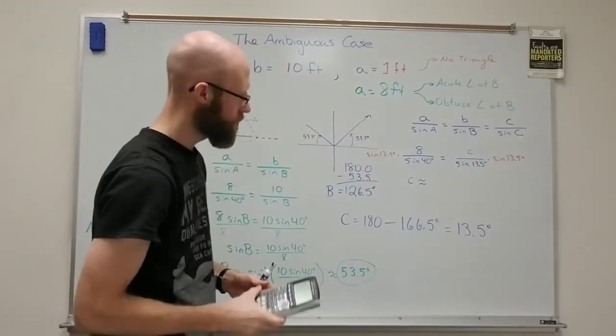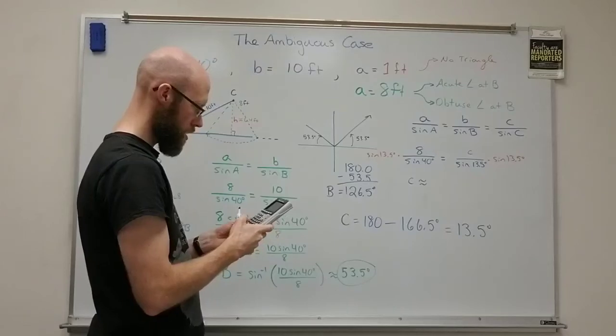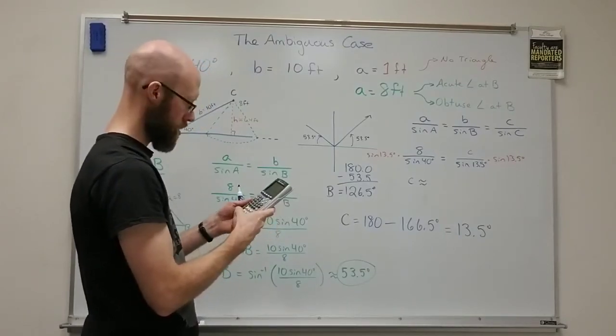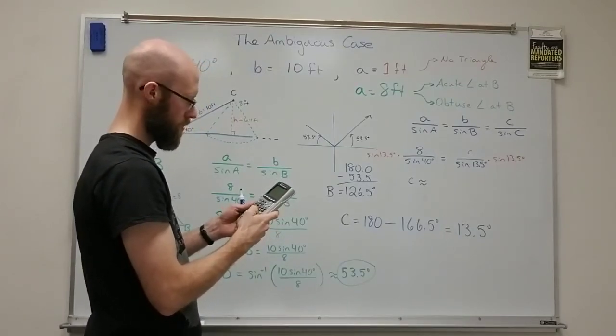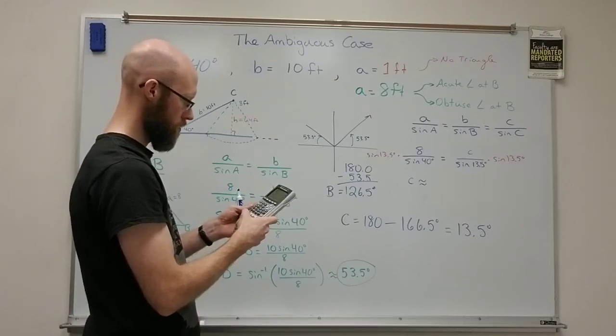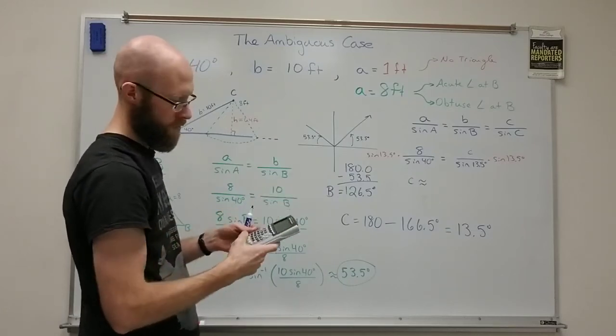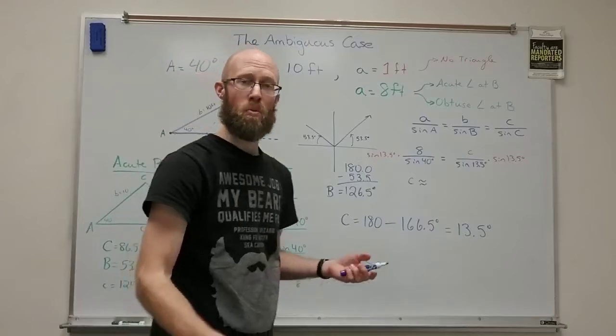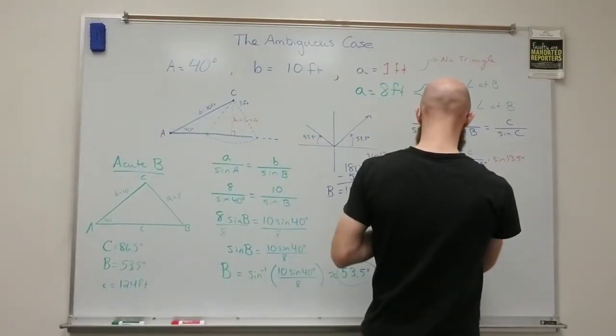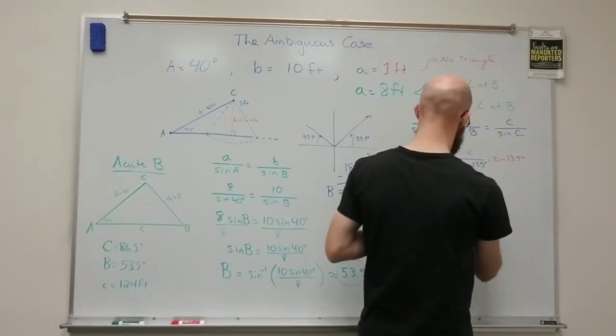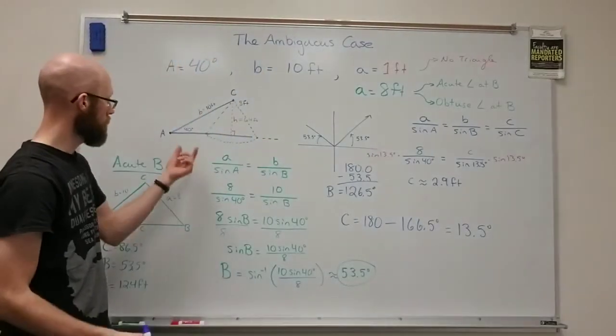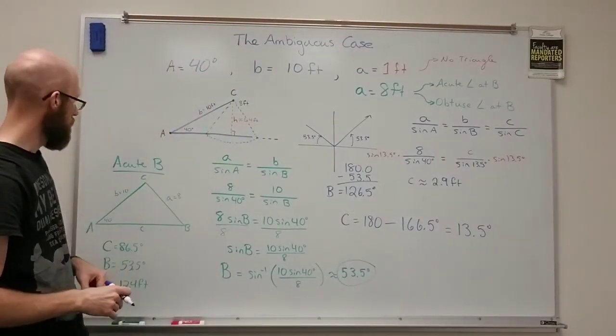We punch that in. That is 8 times the sine of 13.5 divided by the sine of 40. It's approximately 2.9. Okay, so it's a very short side over here.